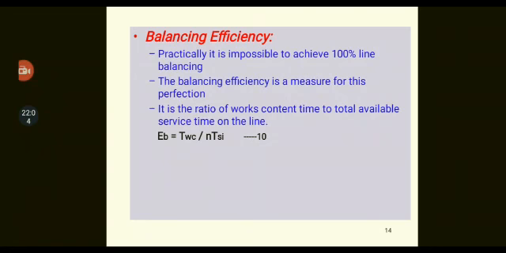Here the terminologies are very important: EB is the balancing efficiency, TWC is the total work content, N is the number of workstations, and TSI is the service time. So balancing efficiency EB = TWC / (N × TSI). These are all the terminologies which come in line balancing.